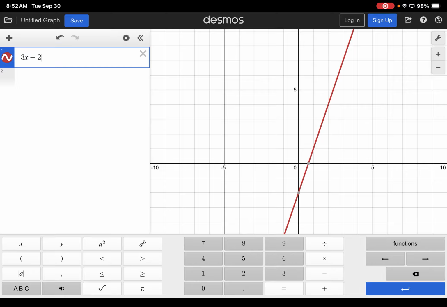So you just do a squiggly bracket. Let's see if I can make a squiggly bracket. Where would a squiggly bracket be?